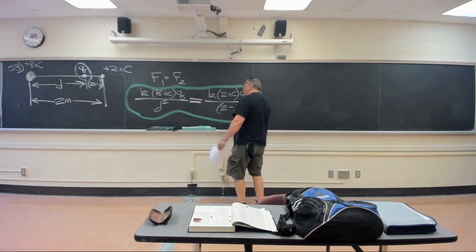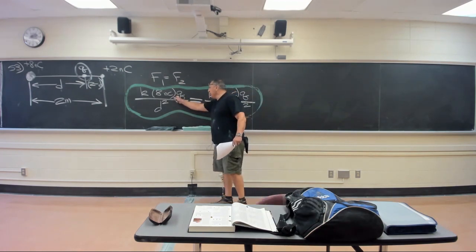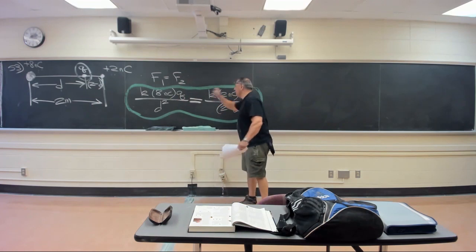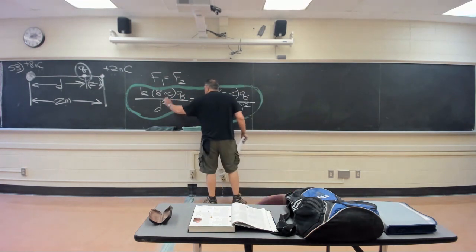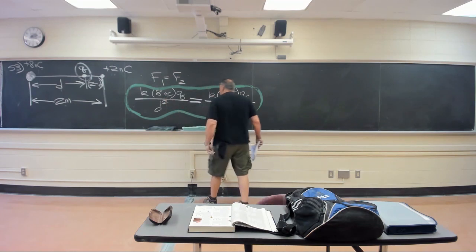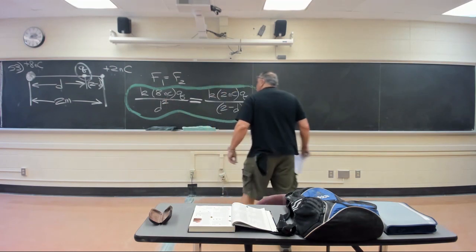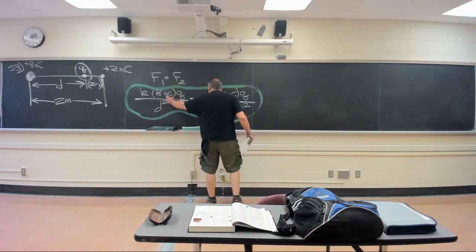If 2 things are equal, if you divide by the same thing on each side, they remain equal. Divide by Q on each side. Yeah, they cancel out. Divide by nanocoulombs, which is 10 to the negative 9 coulombs.